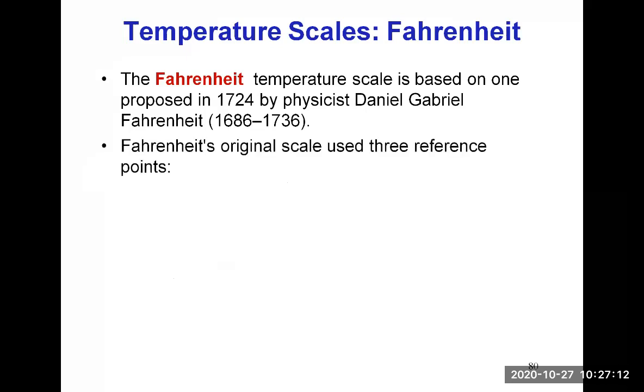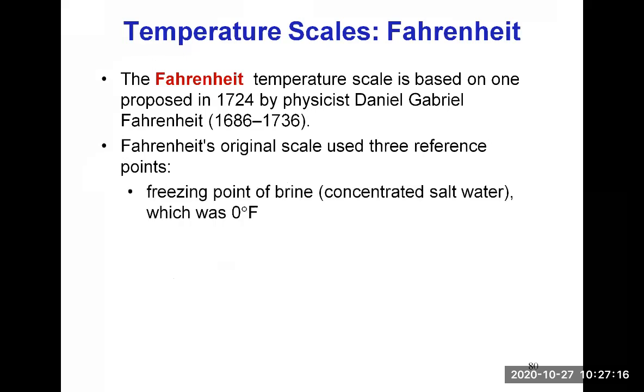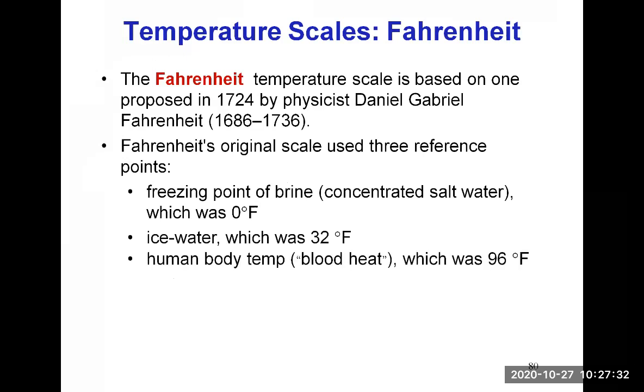So Fahrenheit's original scale used 3 reference points. The freezing point of brine. Brine is concentrated salt water. He considered this 0 degrees Fahrenheit. Ice water, which was 32 degrees Fahrenheit. And then the human body temperature, blood heat, was considered 96 degrees Fahrenheit.